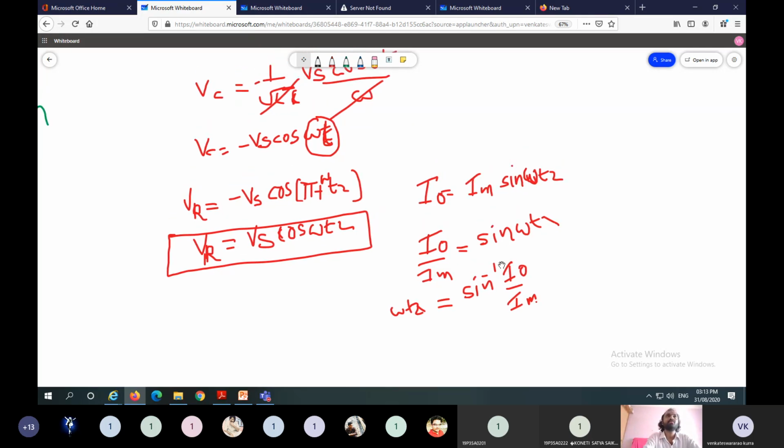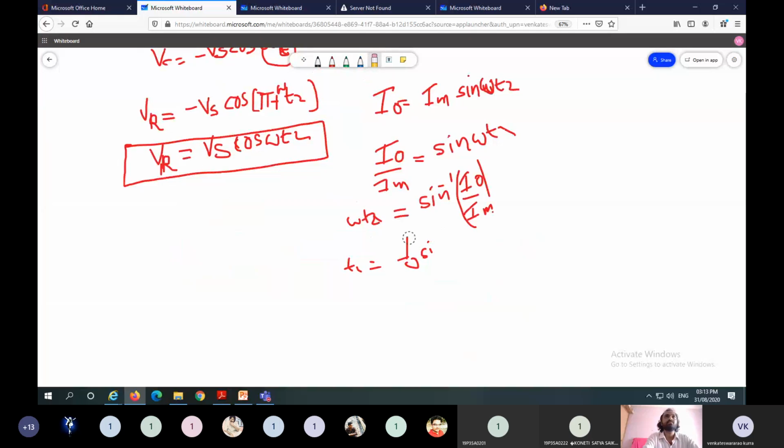So T2 equal to 1 by omega sin inverse of I naught by Im.